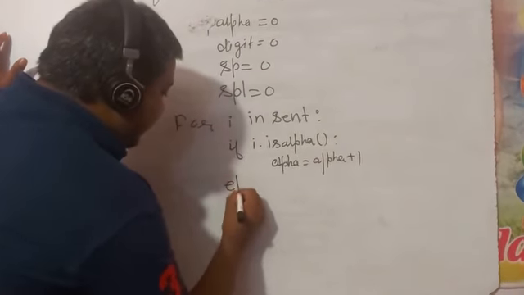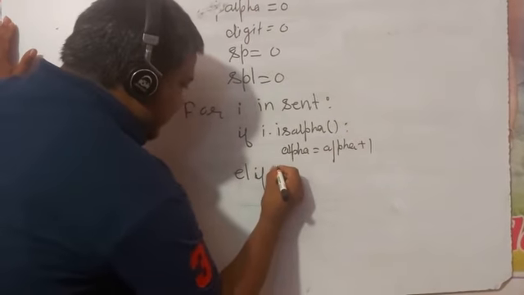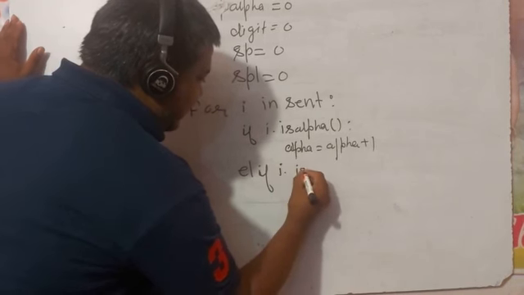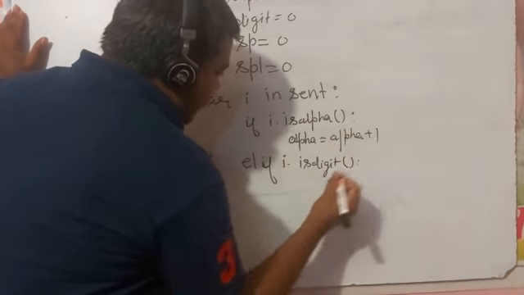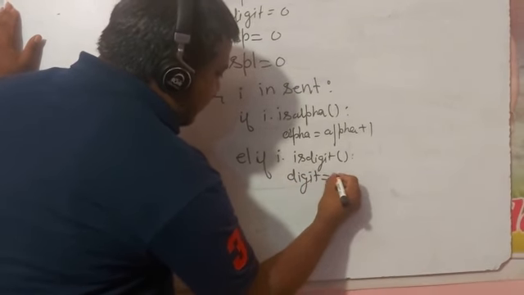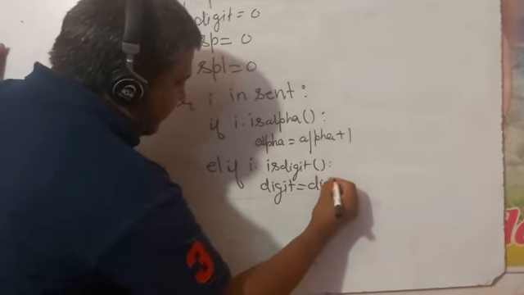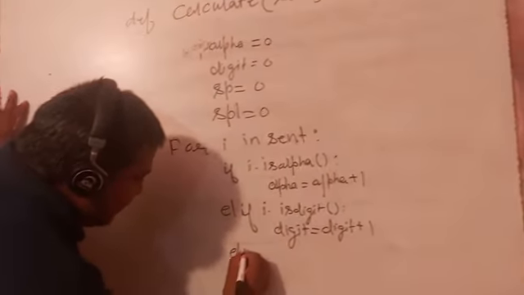Otherwise, if it is not an alphabet, I will check whether it is a digit, i.isdigit(). If it is a digit, then to the digit variable I will add plus 1, so digit is equal to digit plus 1.